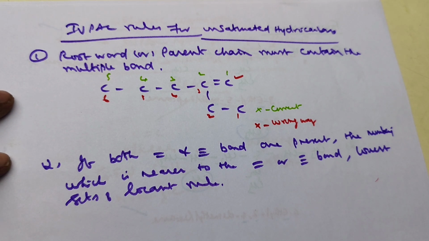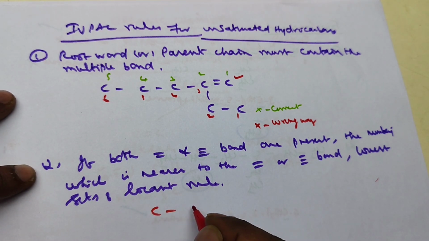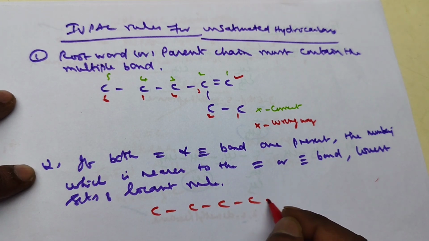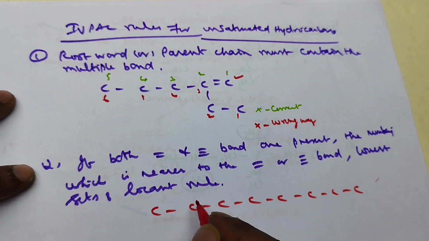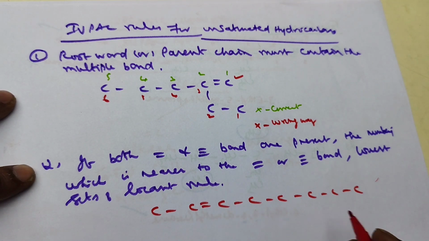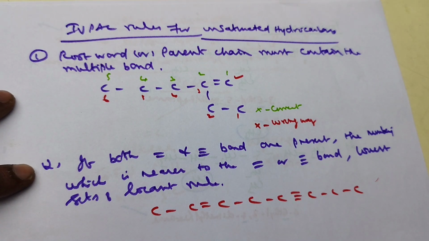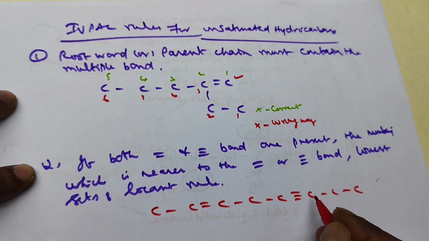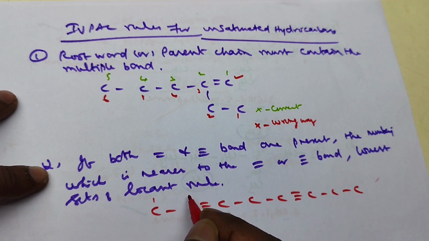Say, for example, I will give another example. For this case, you write 1, 2, 3, 4, 5, 6, 7, 8. At 2 we have a double bond, and at 5 we have a triple bond. Which side do we number the carbon atoms from? If you go 1, 2, 3, the multiple bond, the triple bond, starts only at the third. If we start from here, 1, 2, at the second itself we have the nearest double bond.